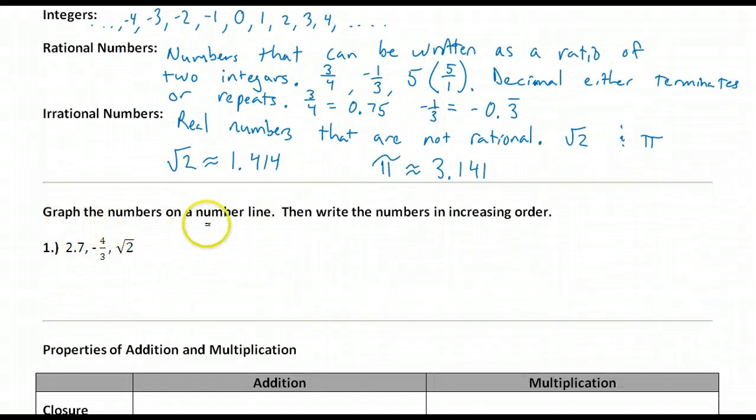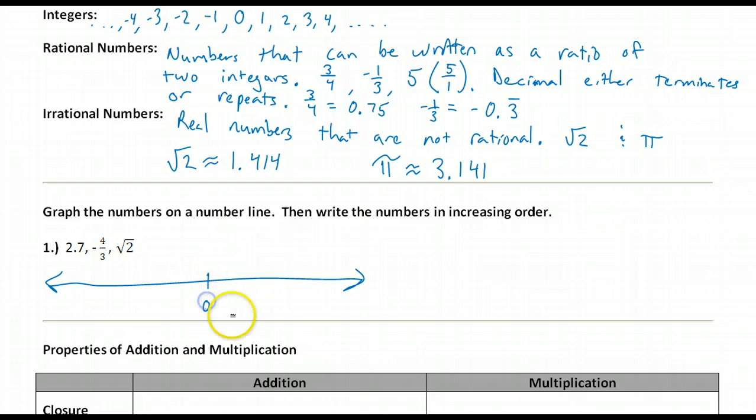If we want to graph these numbers on a number line, we first need to start with a number line. Now I'm going to put 0 right in the middle, and then 1, 2, 3, 4, 5, and then negative 1, negative 2, to negative 5.